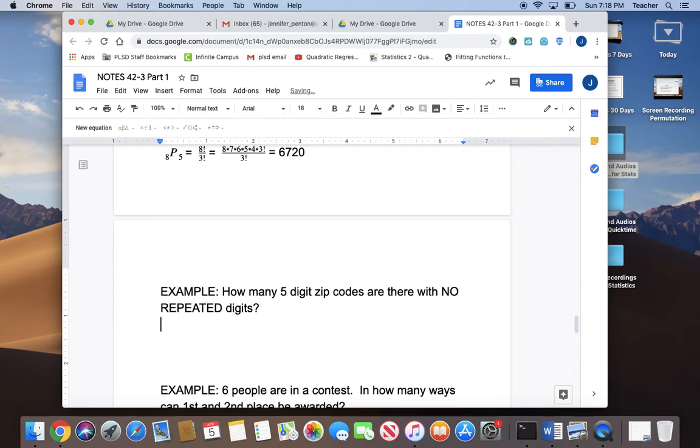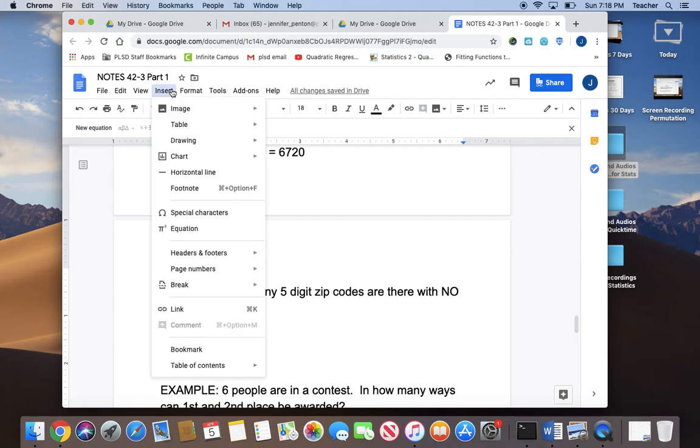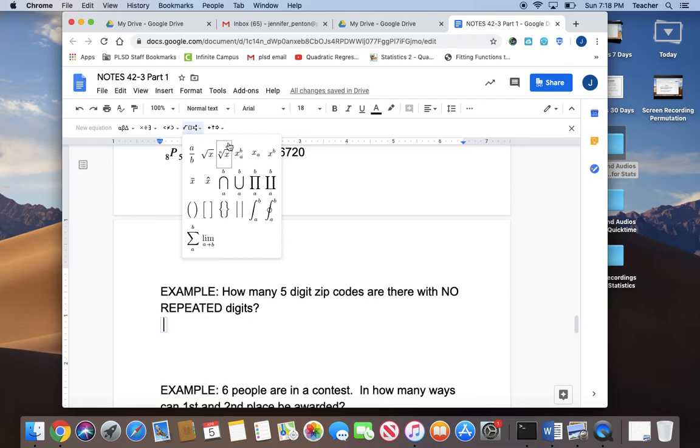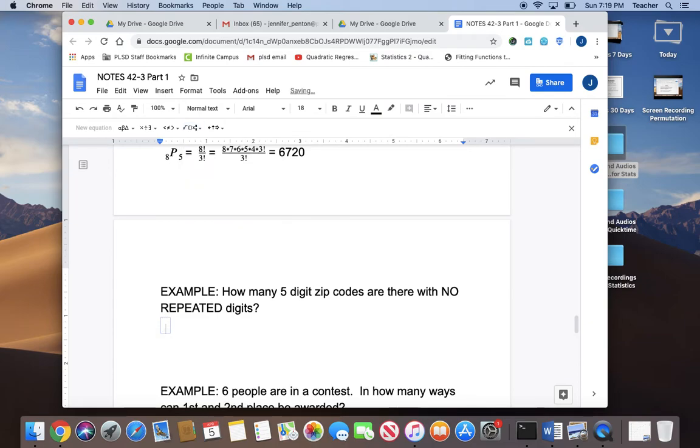So total, there are 10 digits. 0, 1, 2, 3, 4, 5, 6, 7, 8, 9. Okay? If you look at those digits, you count. There's 10 of them. 0 to 9, there are 10 digits. So in this case, this would be 10. And I'm going to arrange 5 of them.